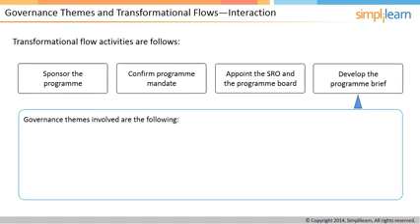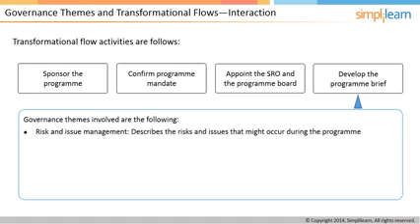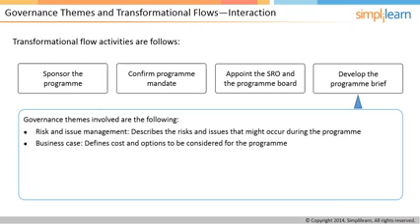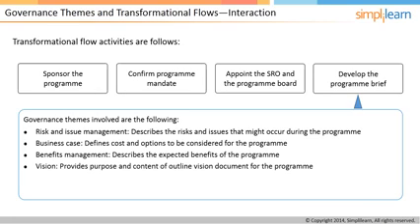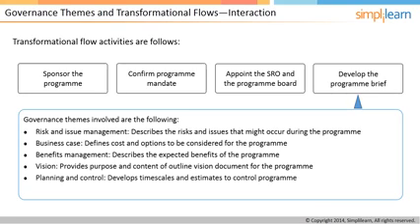To develop the program brief, multiple themes come into action. Risk and issue management describes the risks and issues that might occur. Business case defines cost and options to consider for planning. Benefits management focuses on expected benefits. Vision describes purpose and content of outlined vision statement section.